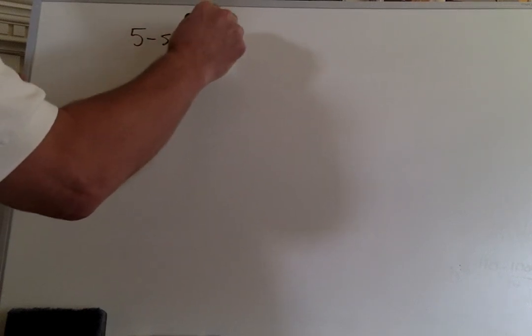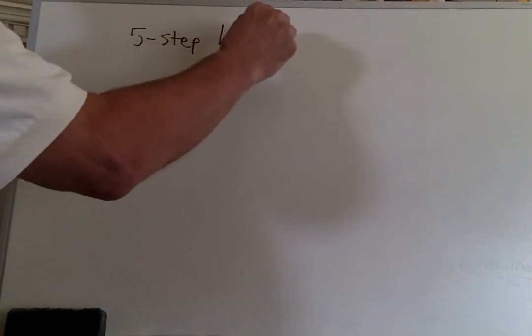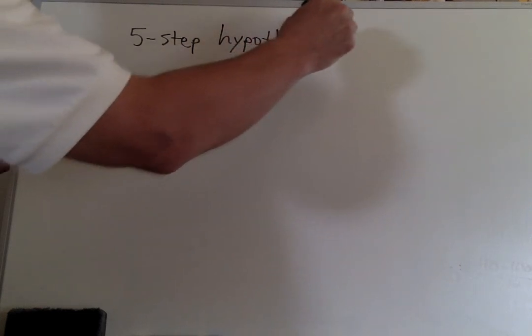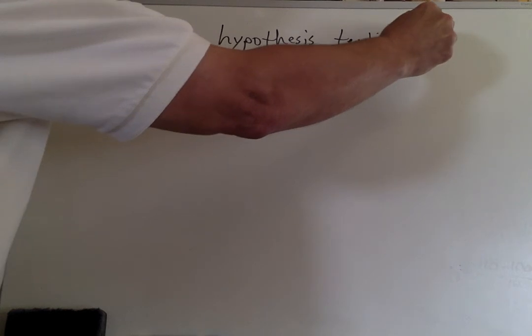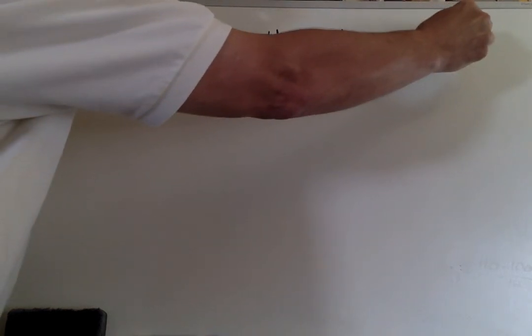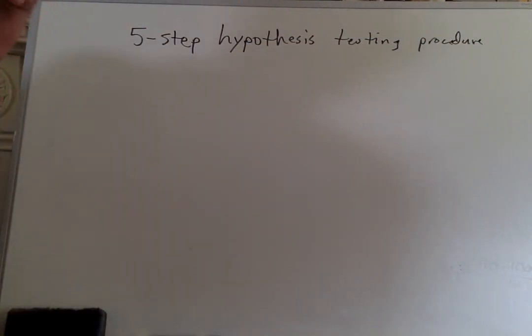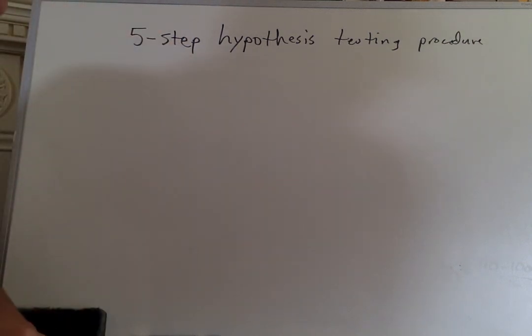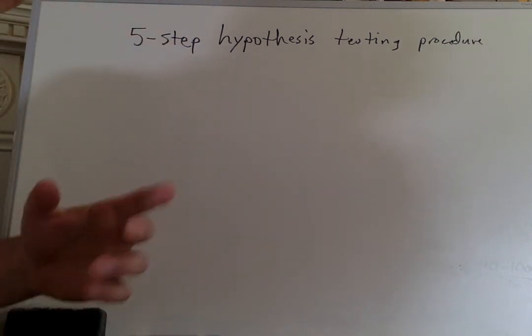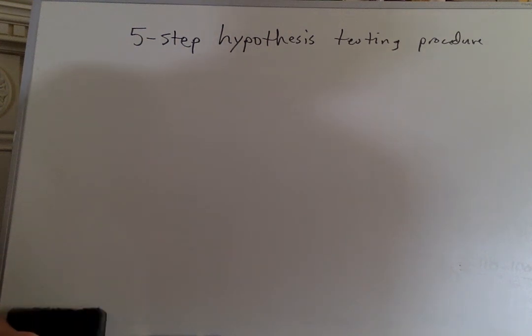We're going to develop a five-step hypothesis testing procedure, okay? And we're going to use this over and over again. This is the way you approach research in terms of analyzing the results statistically, okay?